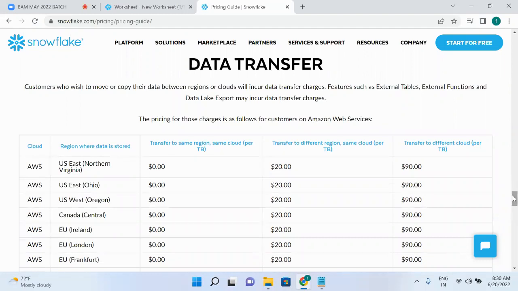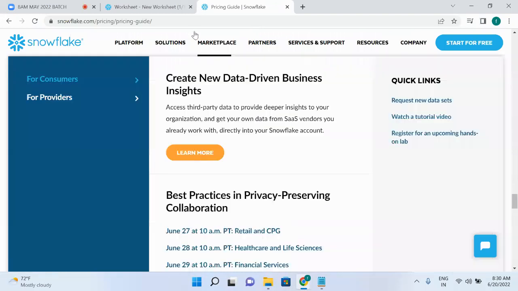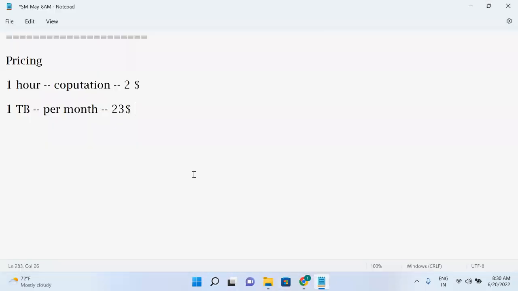Now, what exactly are the data transfer charges that apply here? Let's take an example.